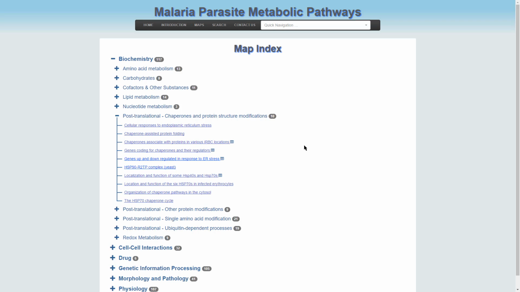We now go to the role played by chaperone in protein folding and structural modification.